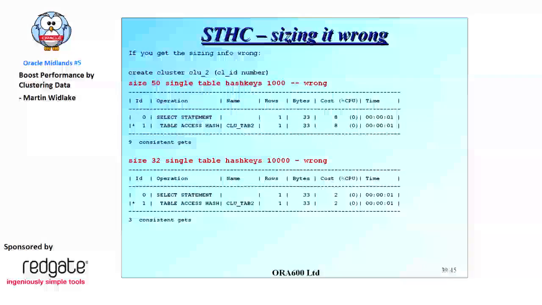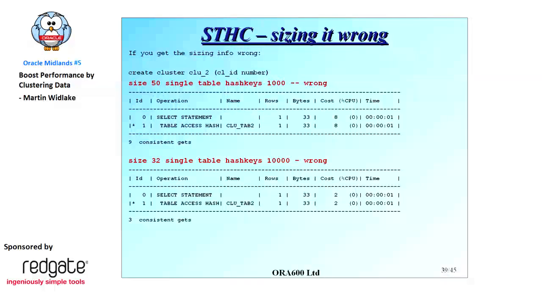However, here I gave the wrong number of hash keys. Now it takes 9 consistent gets to get the one record, which is significantly more than 1. And if I reduce the size of the row down, again you get more consistent gets. And in fact, if your rows are on average about 100 bytes, and you said there were going to be 50, the impact is worse.